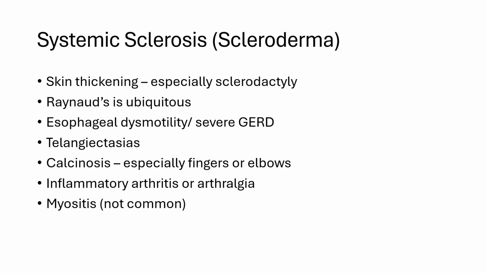Calcinosis is very challenging. It's very difficult to treat, and it's a real challenge for a lot of patients. Other ways that systemic sclerosis might manifest is by having inflammatory arthritis or sometimes just arthralgia without the inflammation. And sometimes these patients can also get myositis.